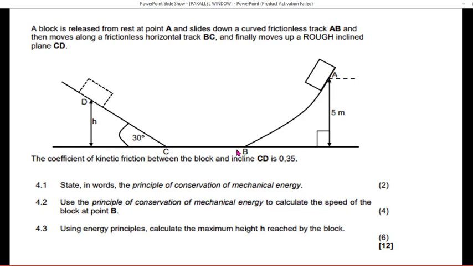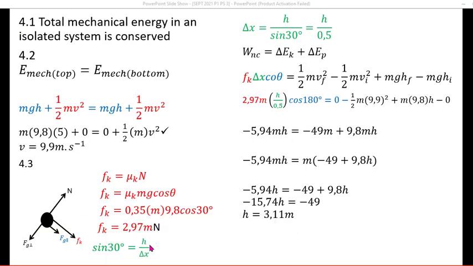And then we have been asked to use the principle of conservation of mechanical energy to calculate the speed at B. So we go straight and use the principle, that is, the total mechanical energy in an isolated system is conserved. Now mathematically we say that the mechanical energy, which is the sum of potential and kinetic energy at the top of the slope, is equal to the mechanical energy at the bottom.